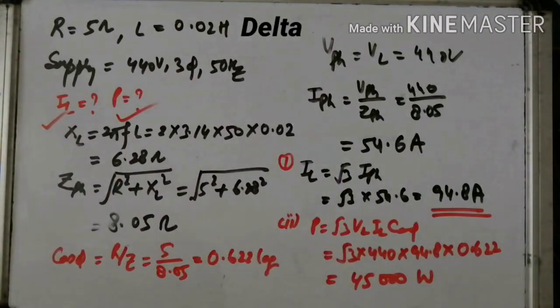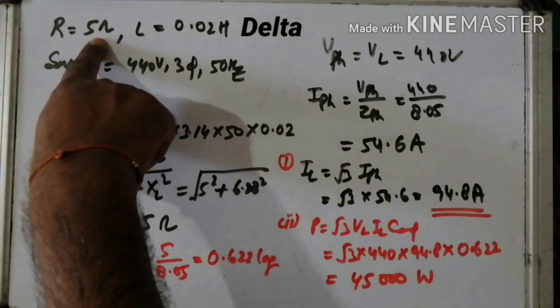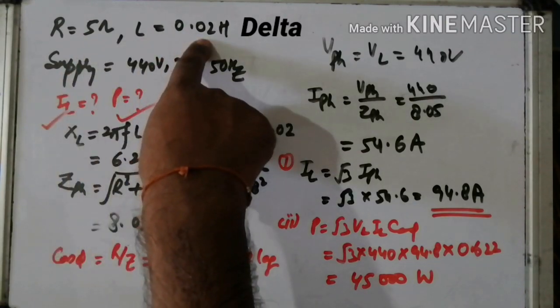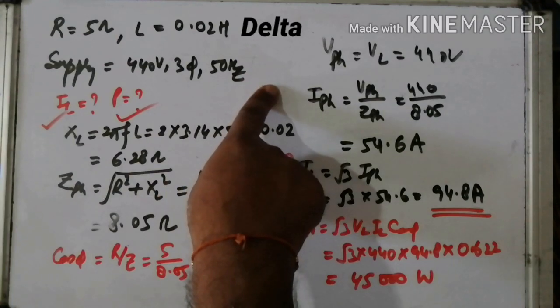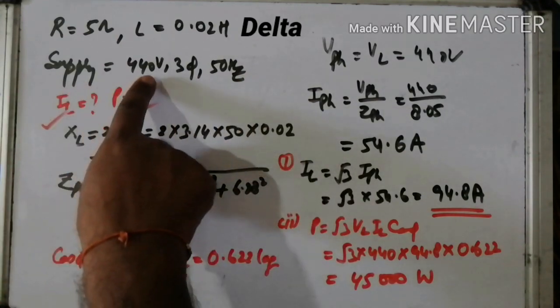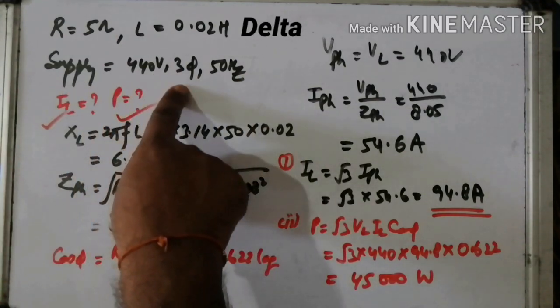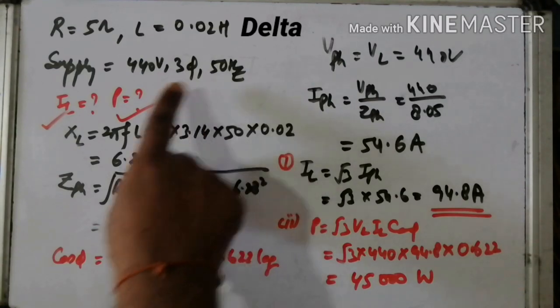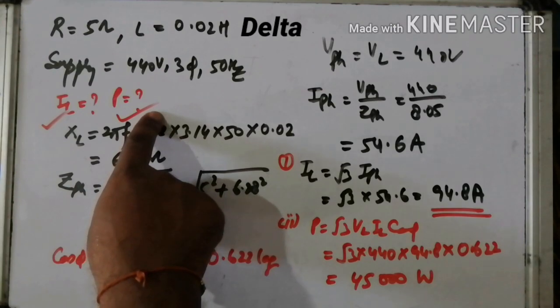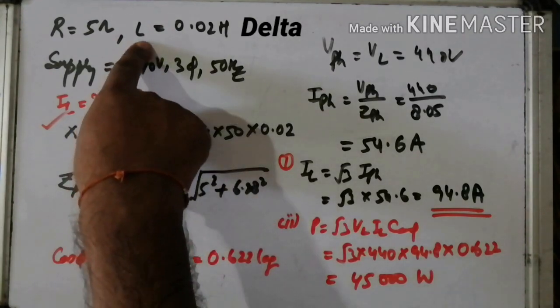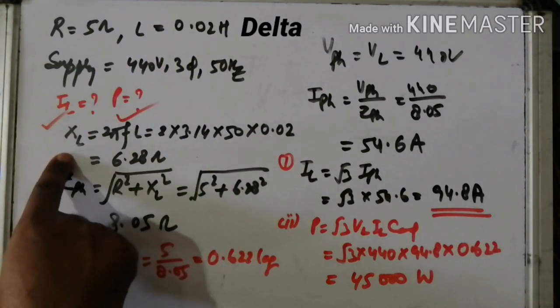Now I'm repeating the question. See, three similar coils, each having a resistance of 5 ohm and inductance 0.02 Henry, are connected in delta to a supply 440 volt, 3 phase and 50 Hz. Calculate line current and power absorbed. First of all, I am going to convert L as XL, that is inductive reactance.